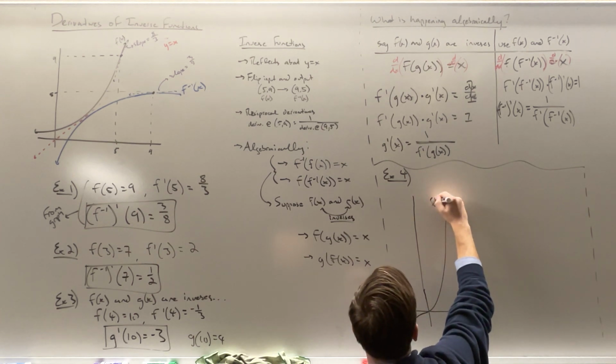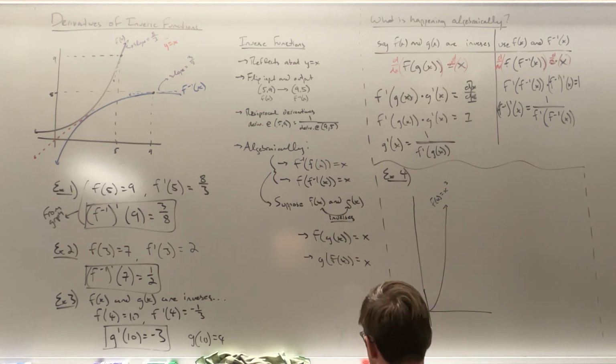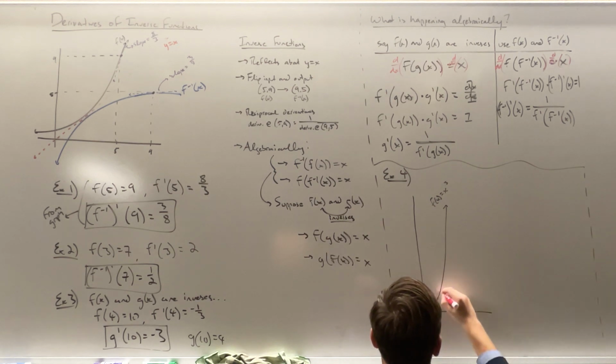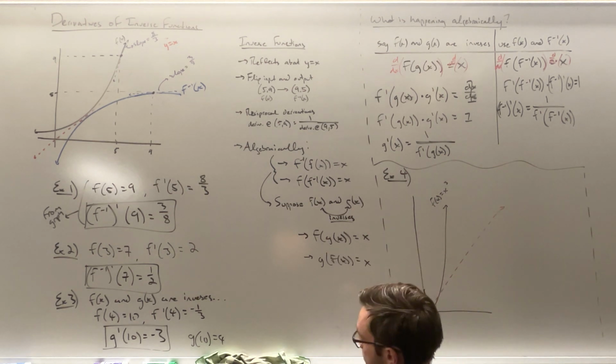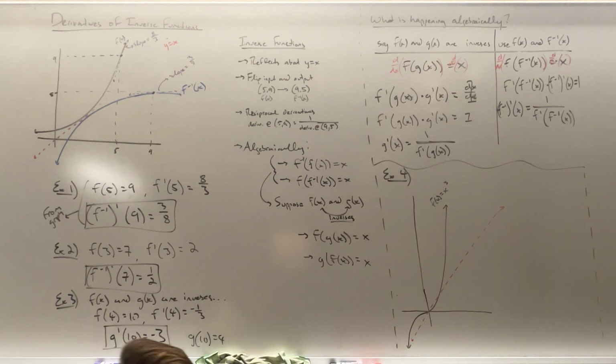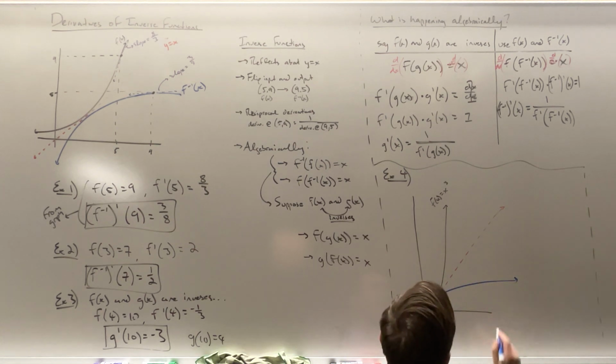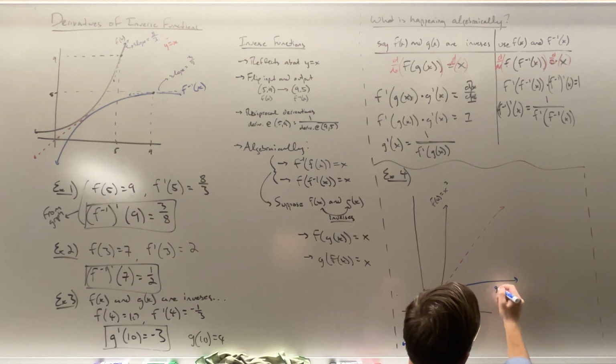Let's call this f of x. Now it's reflected about the line y equals x. And then you have the inverse function, that. We'll call that g of x.